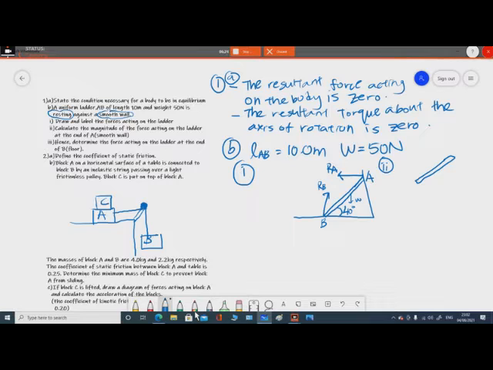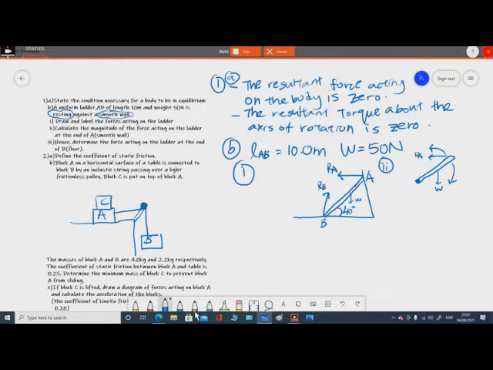We describe this ladder in terms of rotational motion, which can either be anti-clockwise or clockwise. As we observe from this diagram, we can see that this RA is pointing towards here, and this weight is pointing downwards.